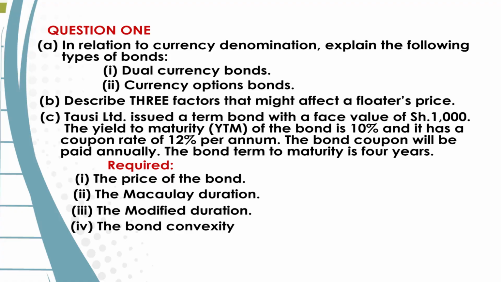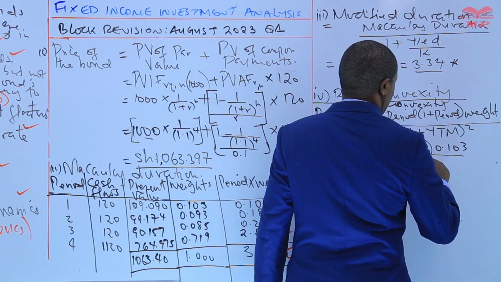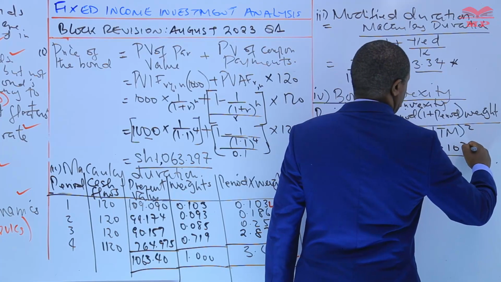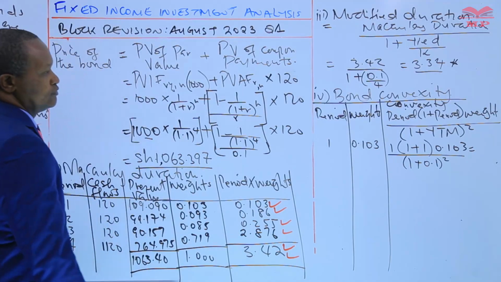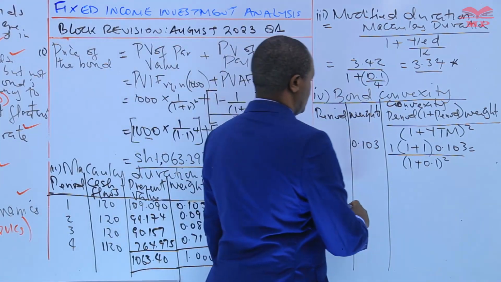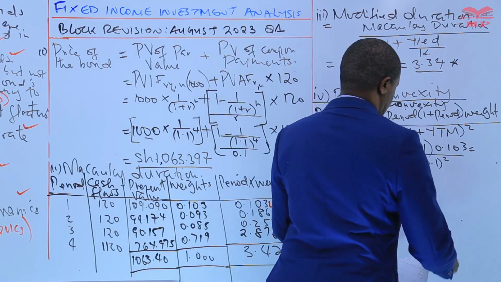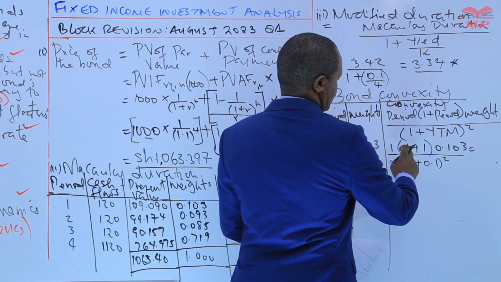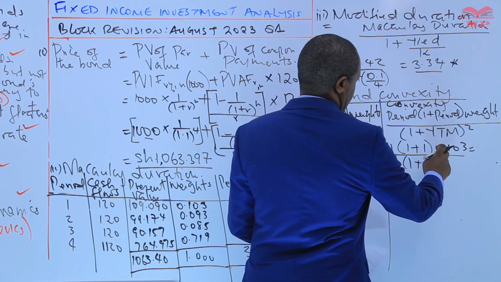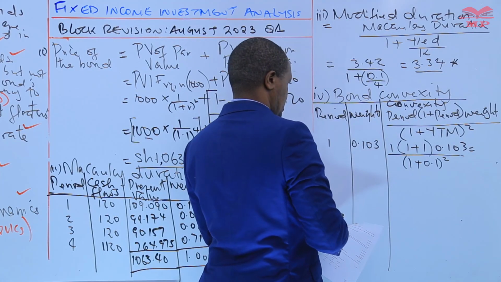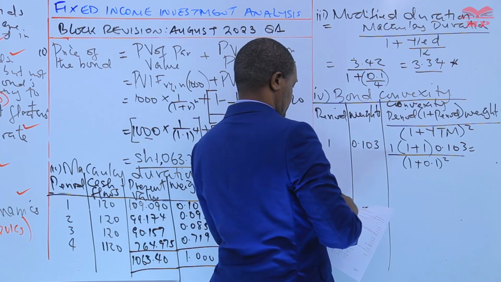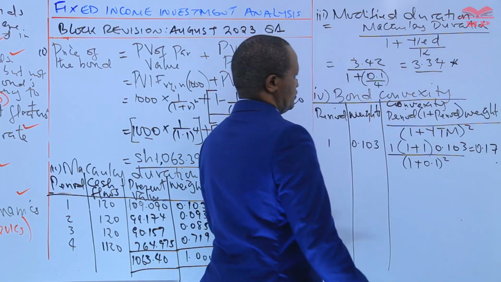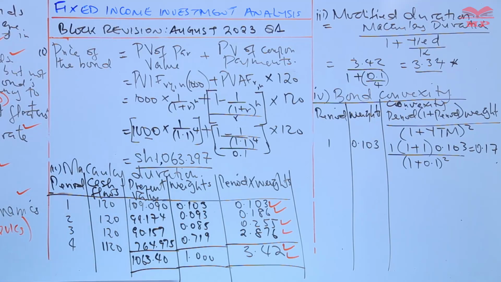The yield to maturity is 10%, so this will be 0.1 squared. For period 2, let me first of all calculate the answer here. I'm going to have 1 times 2 times 0.103. So this is simply 0.17. So convexity at period 1 is 0.17.